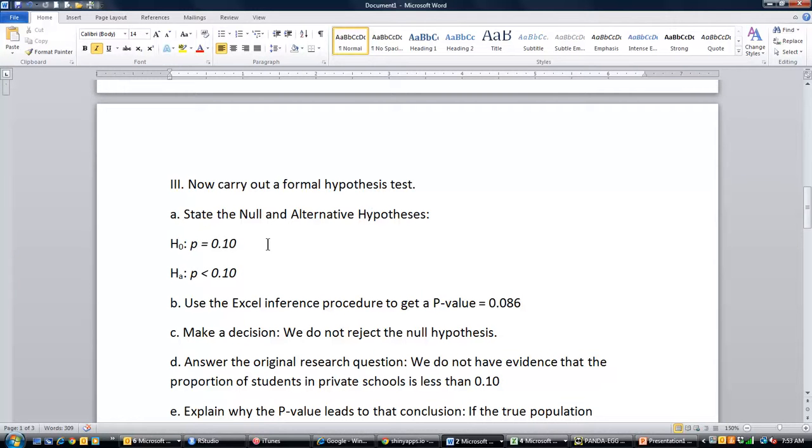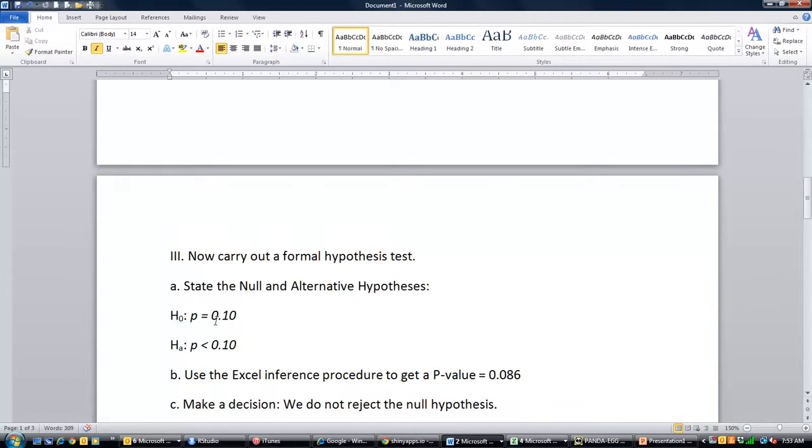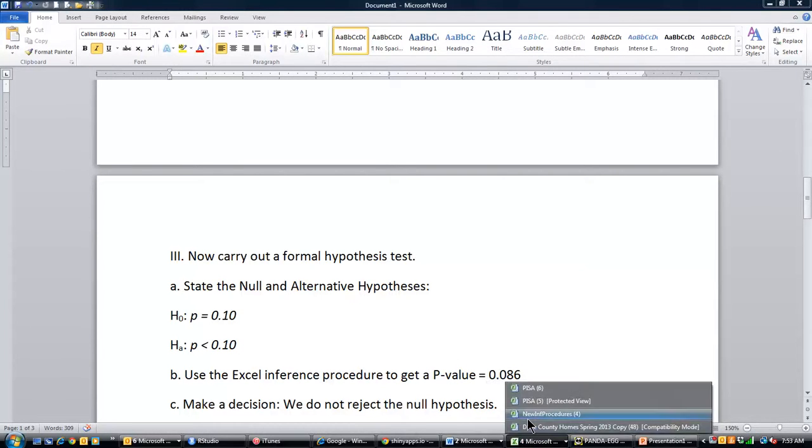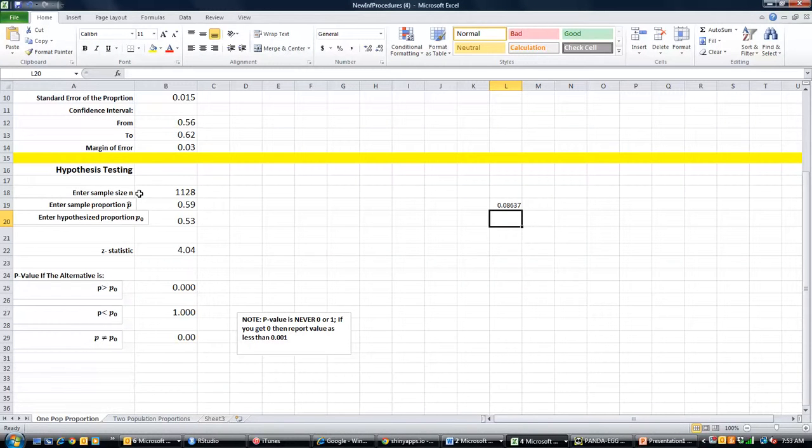So state the null and alternative hypothesis. Null hypothesis, p equals 0.10, alternative p less than 0.10. So now we use our inference procedure tool. Sample size is 990. Sample proportion was 0.087. Hypothesized proportion was 0.10.